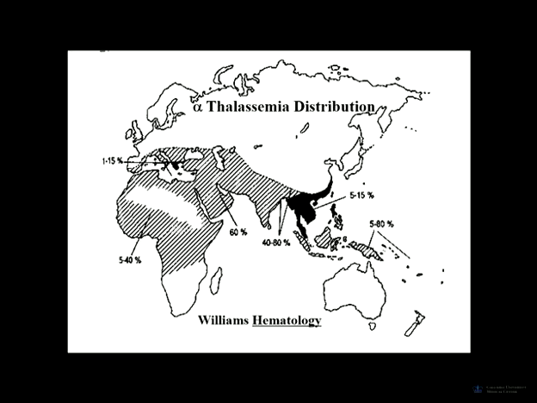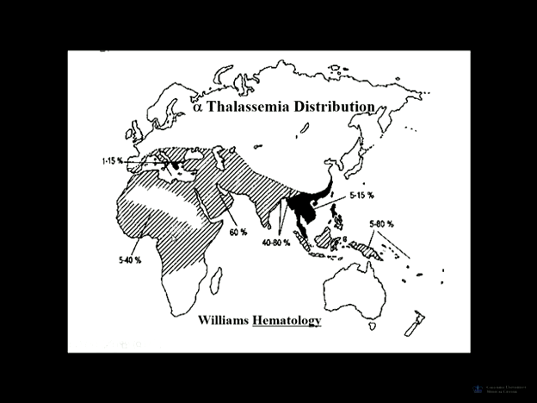It's extraordinarily common in certain parts of the world. For example, in Papua New Guinea, about 80% of people have a form of alpha thalassemia. In Nepal, about 60 to 80% of people will have an alpha thalassemia. Very common in West Africa, about 30% of people will have alpha thalassemia.